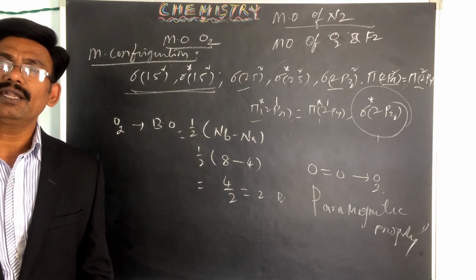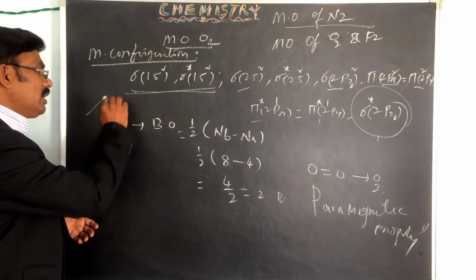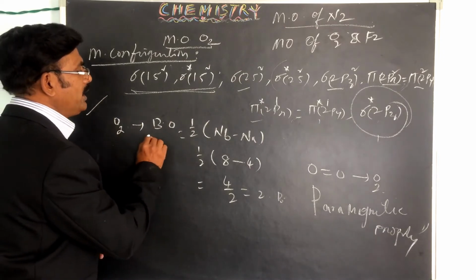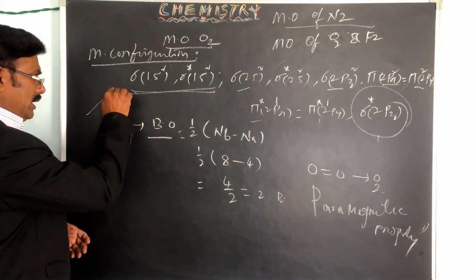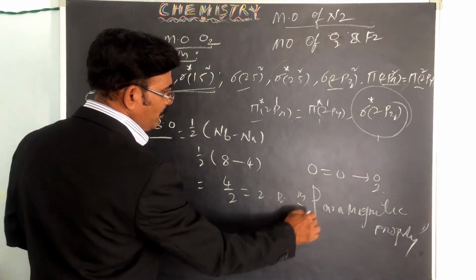So this is about the electron configuration, the increasing order, bond order, and magnetic property. This is the magnetic property.